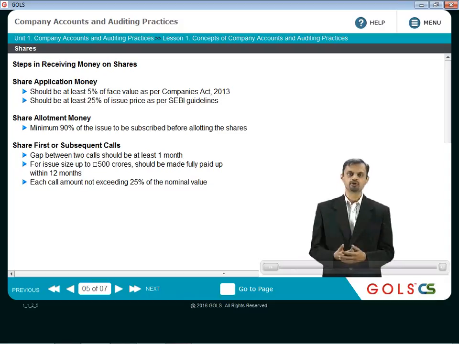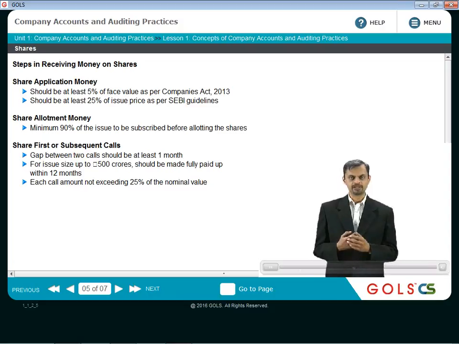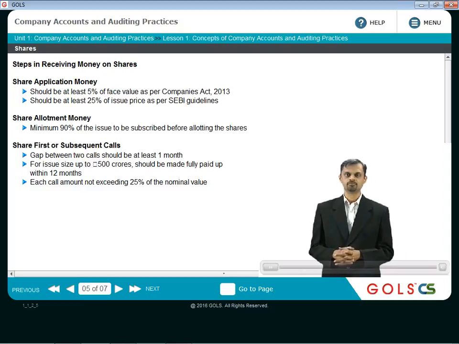When they are applying for the shares, along with the application, they will pay some token amount as per the requirement laid down by the company. That token amount which is paid at the time of application is called share application money. And there are some clauses mentioned in the Companies Act about the share application money.